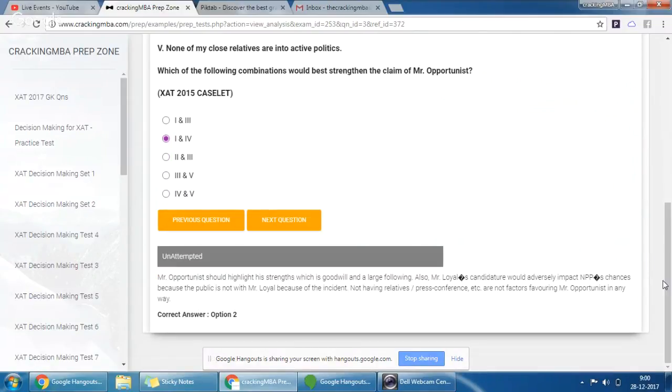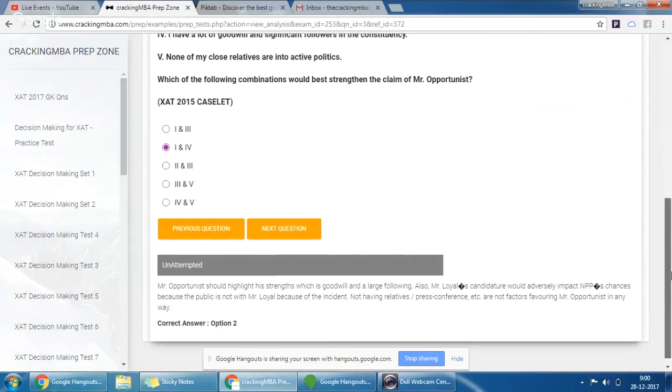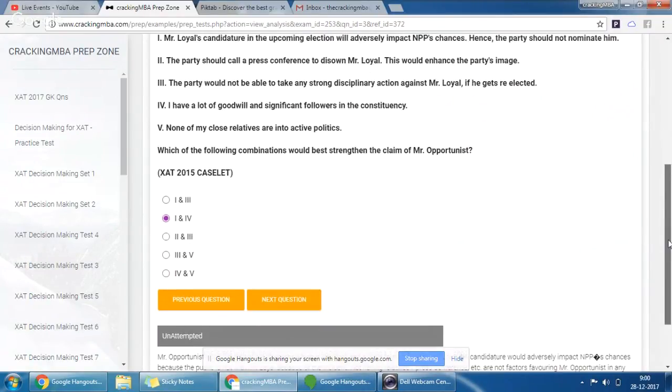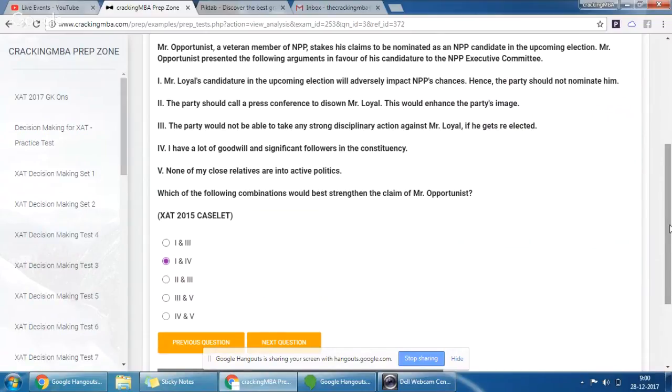So this is also a sitter, right? In this case all three are sitters. Why not 3? The party would not be able to take any strong disciplinary action against Mr. Loyal if he gets re-elected. So that is not really a strong case for Mr. Opportunist, right?